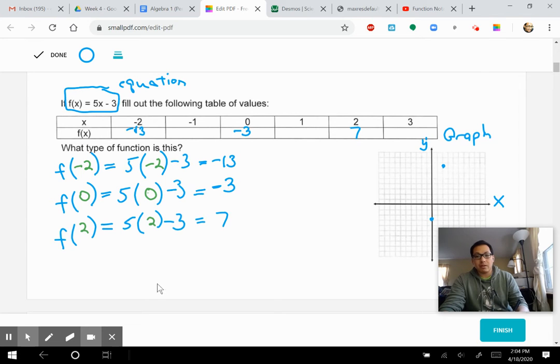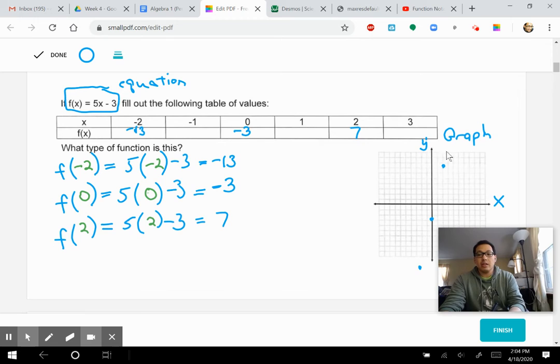And even though we didn't have another value on here, because I think it's off the graph, at -2 it would have been way down here somewhere. Let's see, 1, 2, 3, 4, 5, 6, 7, 8, 9, 10, 11, 12, 13. Would have been way down here somewhere. And we could say, what kind of function is this?